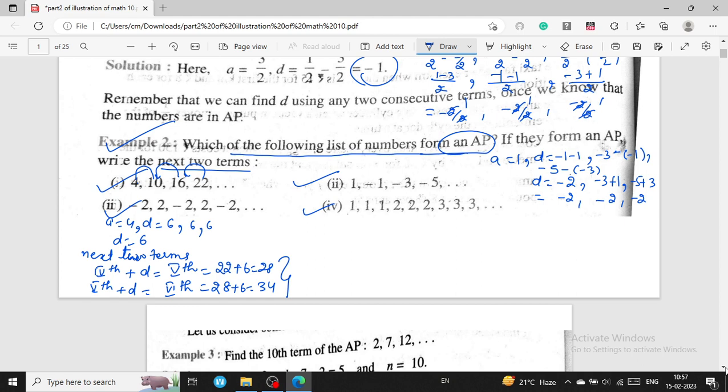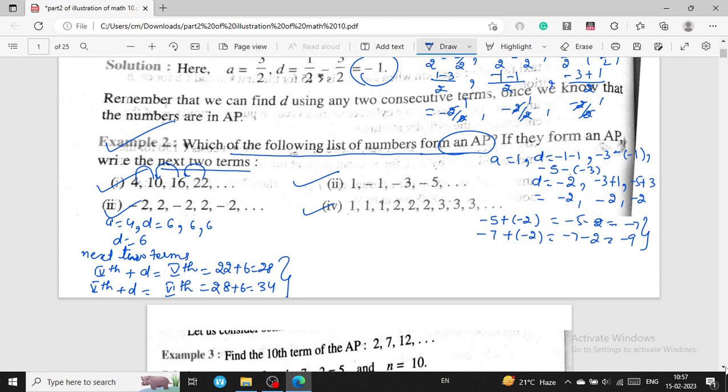And now this is also an AP series, and the next term will be minus 5 plus minus 2, means minus 5 minus 2, that is minus 7. Minus 7 plus minus 2, and minus 9. These are the next two terms.